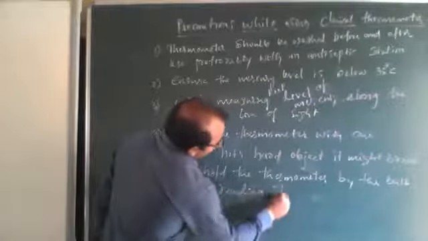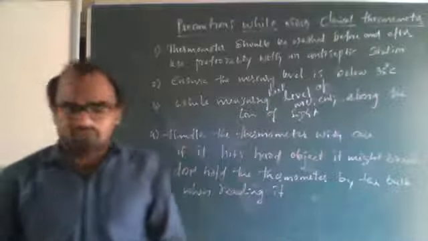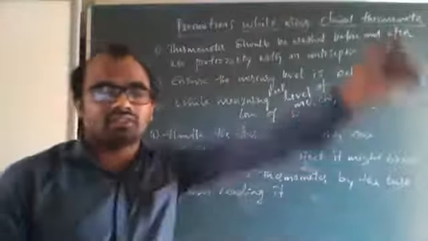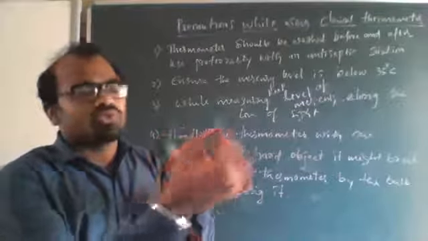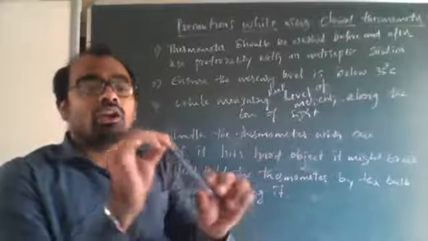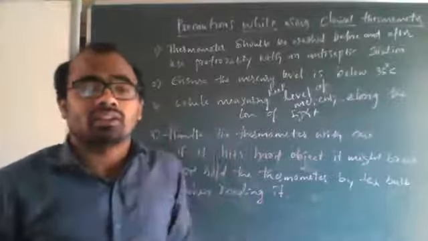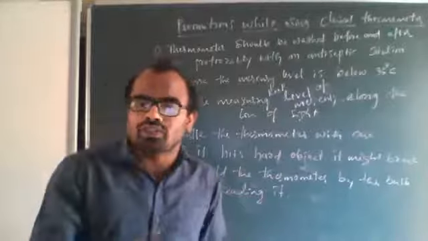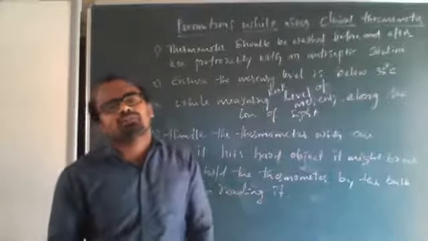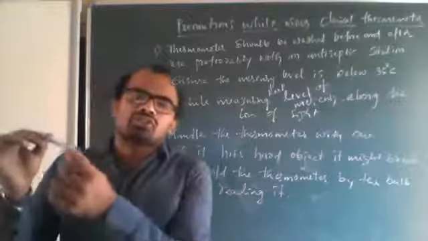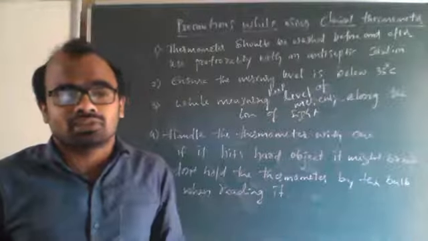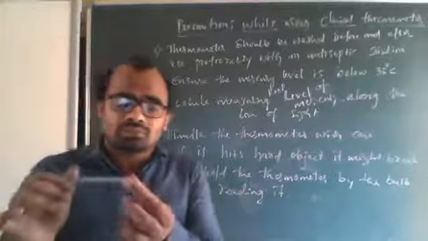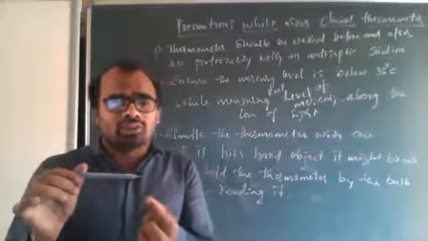See, you are reading the thermometer. At that time, if you consider this side as the bulb, you should not touch and hold it like this. The bulb should be placed inside under the tongue, so you cannot hold that. If you hold it by the bulb, what happens? The temperature is not measured here. The mercury level is measuring the temperature, and that mercury is present in the bulb only.